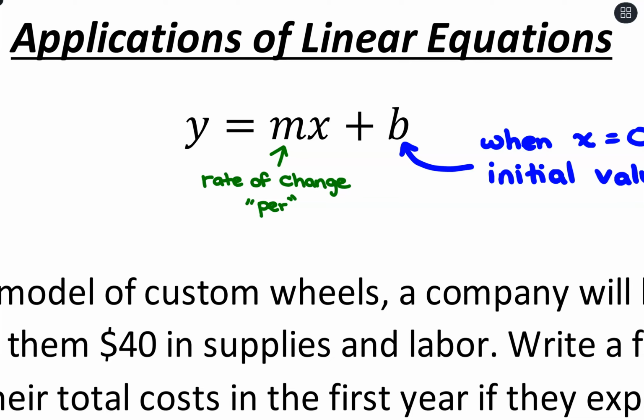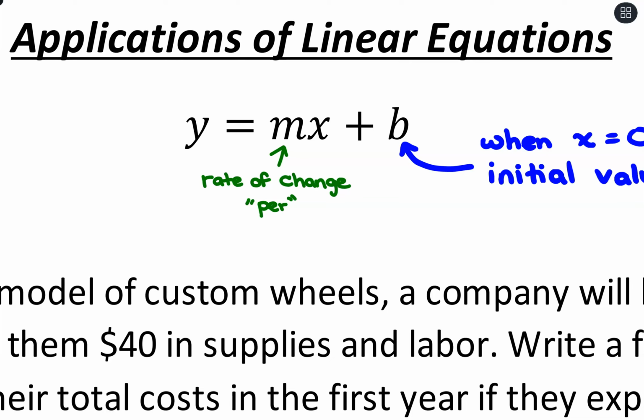So then their question is, what will be their total cost in the first year if they expect to sell 240 wheels? So what we could do is calculate T equals 40 times 240 plus 30,000.